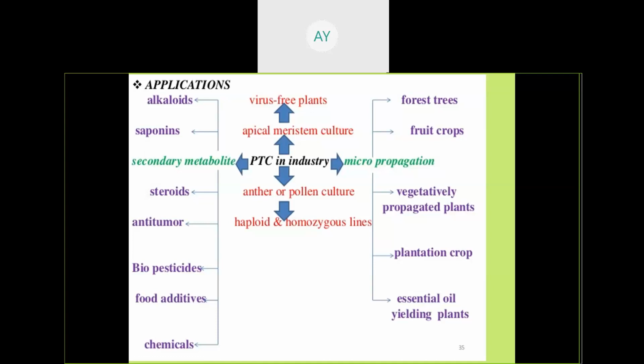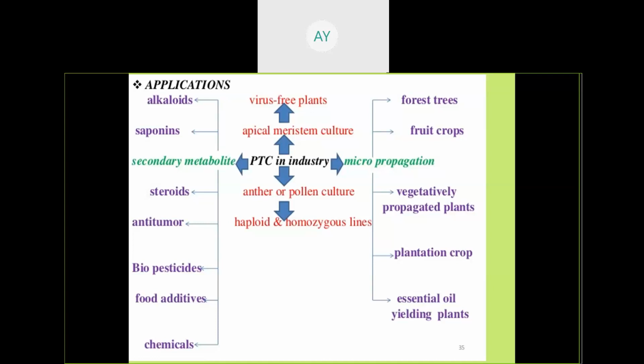That concept is known as molecular farming. A particular chemical is synthesized in particular transgenic plants just to optimize the production of that secondary metabolite that can be used for treatment of disease. Okay, so that is the concept of molecular farming.